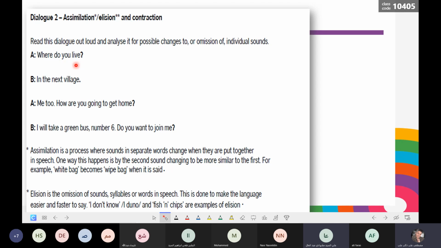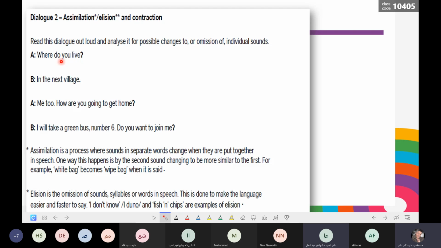Letter A, where do you live? Here we have "do you". We say "do you" when we read them separately, of course. But in linking or connected speech, we would say "where do you live?" "Do you" or "do ya"? Here the auxiliary verb "do" will change to "d".